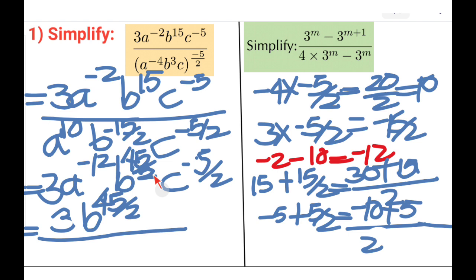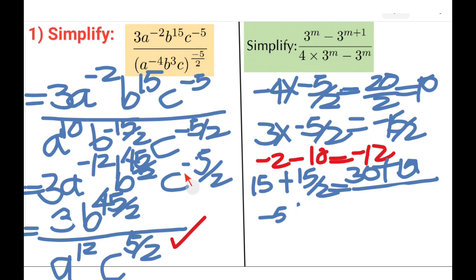So that becomes a to the positive 12 at the bottom, and c to the positive 5 over 2 at the bottom. And that's how you solve that question that comes like this.